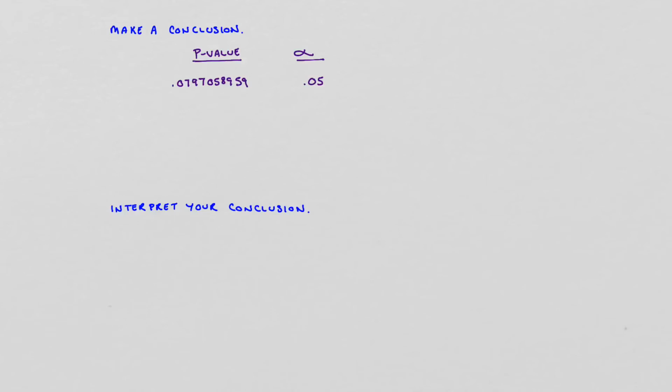If it helps, I would convert both values into percentages. So here, let's say that we have about 7.97%, and then we have 5%. So what we can call out right away is that 7.97% is greater than 5%. When your p-value is bigger than your level of significance, we fail to reject the null hypothesis.